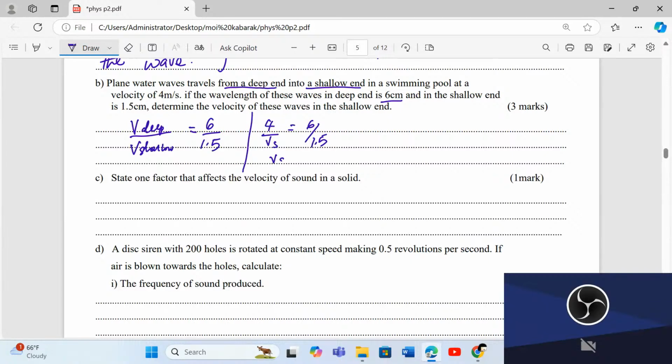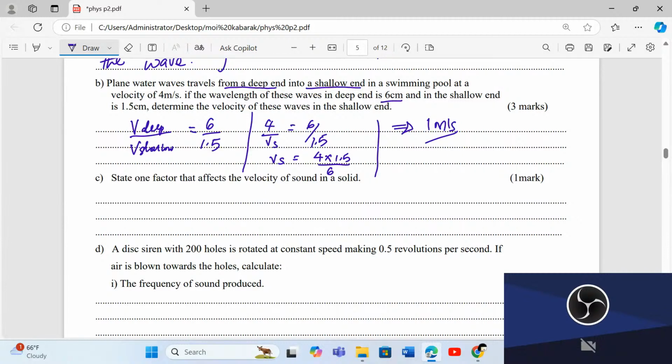Then our velocity Vs at the shallow end will be given by 4 times 1.5 divided by 6. And this gives us 1 meter per second. Therefore, the concept that from the deep end towards the shallow end we expect the velocity to decrease is being manifested in this question.